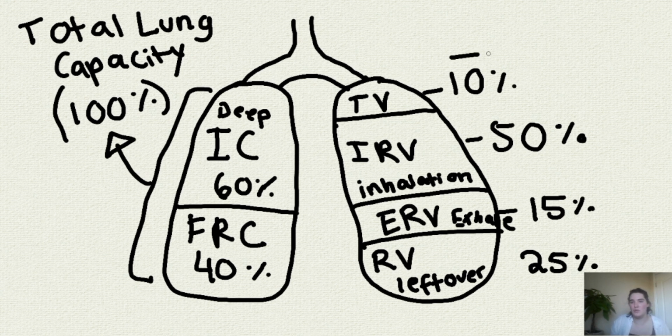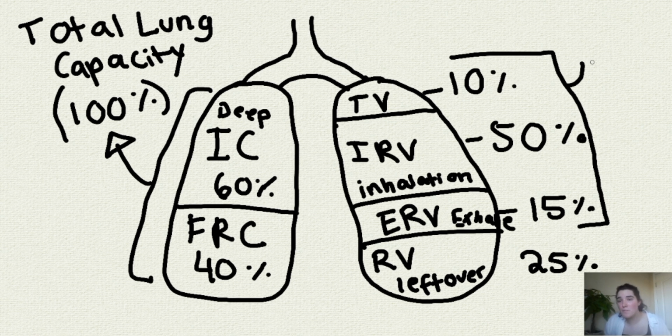Your usable lung space, your stuff that you use to inhale on the daily, you're breathing in really deep, and then you're completely exhaling, blowing all the way out, is about 75% of your lung space. And that 75% is known as your vital capacity.